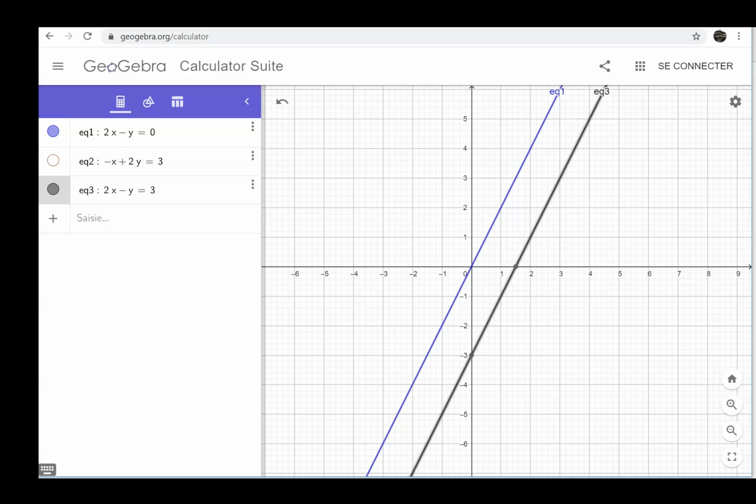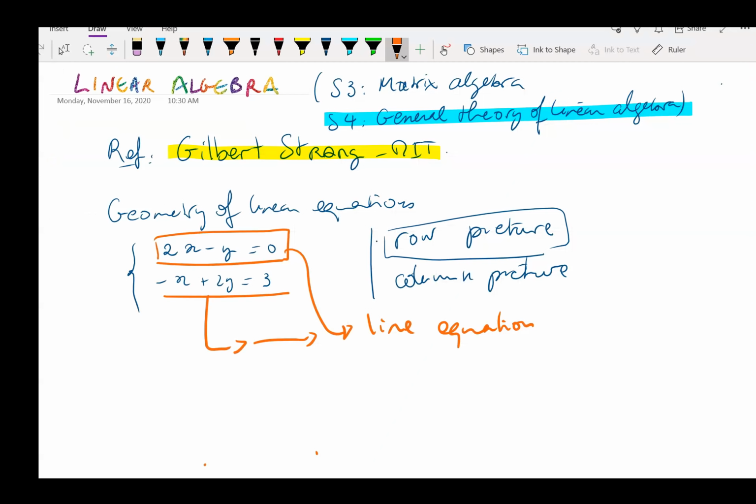So now I've got those two equations, the blue one represented by the blue line and the other one represented by the gray one. If I had given you a system consisting of those two equations, well, you can geometrically see that you wouldn't have any solutions. Okay, why? Because those lines are just parallel lines and they are not going to intersect. So you would have something very similar to the previous case.